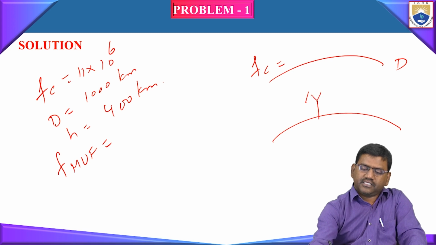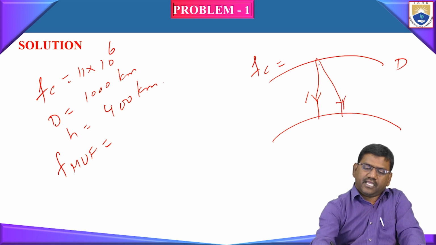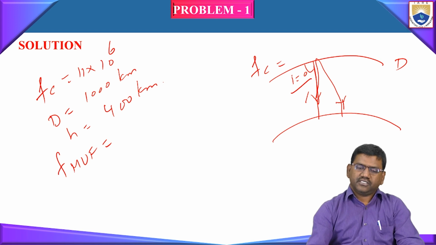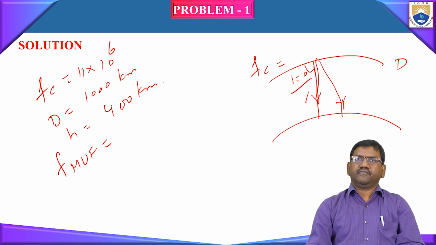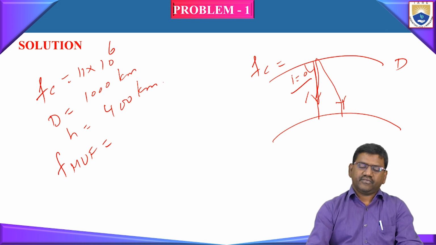The signal goes and returns to the Earth here. So here the angle of incidence is 0, i is equal to 0. So for the critical frequency, the angle of incidence is 0. The highest frequency at which a wave is returned to the surface of the Earth at vertical incidence, we call it the critical frequency.